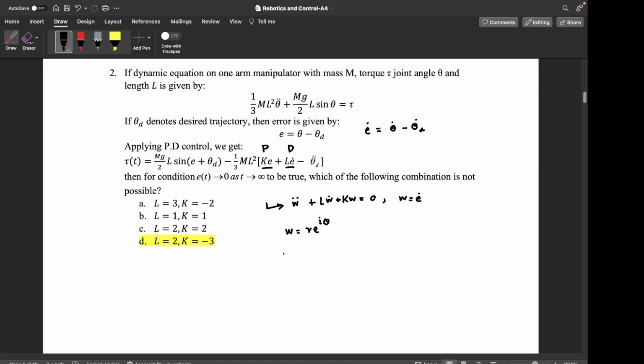If you substitute W in this equation, it will be r square plus L r plus K is equal to 0.